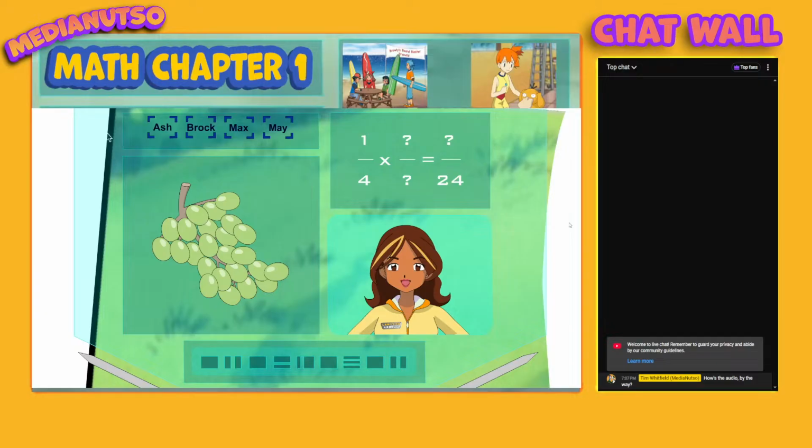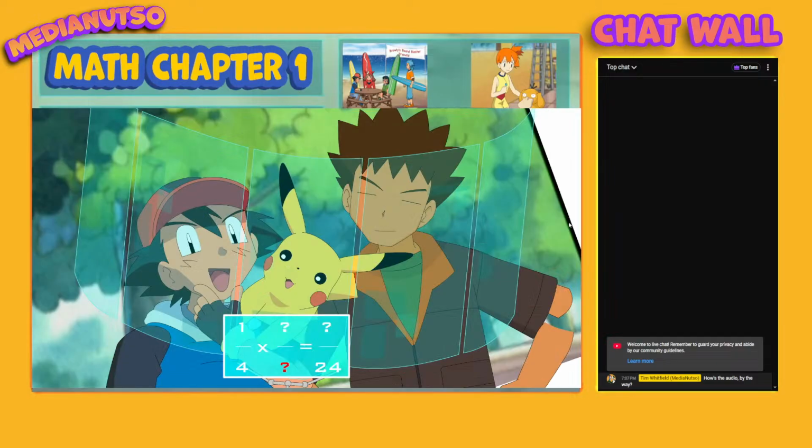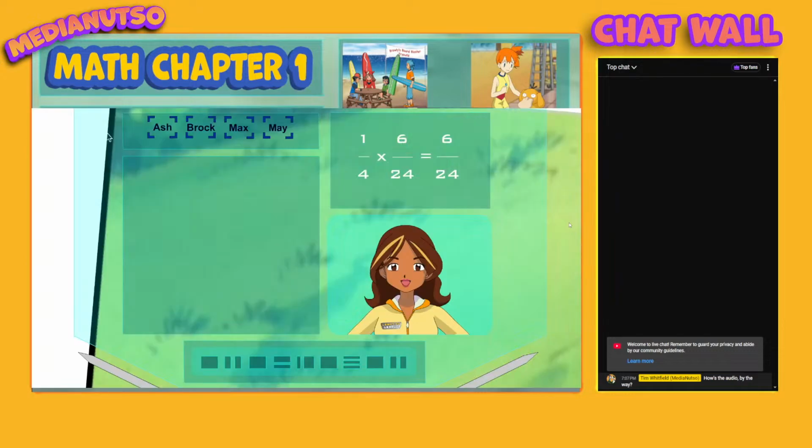So what would we multiply 4 by to get 24? 6. So, I guess we multiply 1 by 6 to get the numerator in the second fraction. 6 times 1 is 6. So 1/4 times 6 equals 6/24. 1/4 and 6/24 are equivalent fractions. Right. Bingo. Let's take it back to the grapes now.